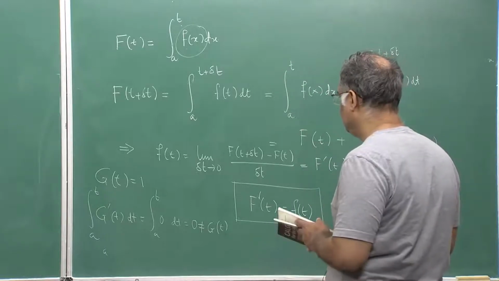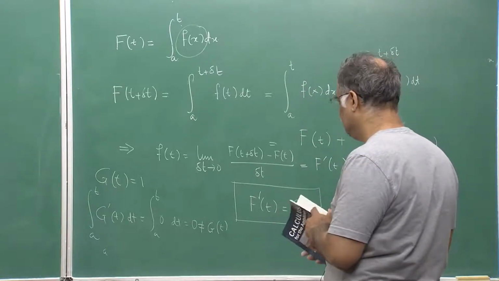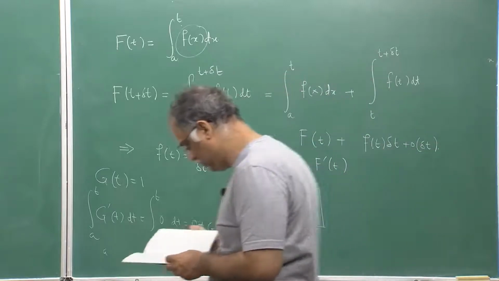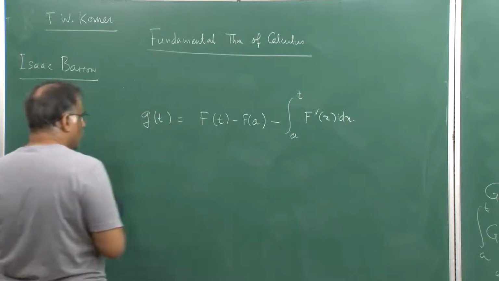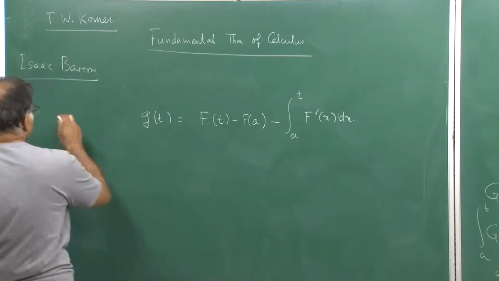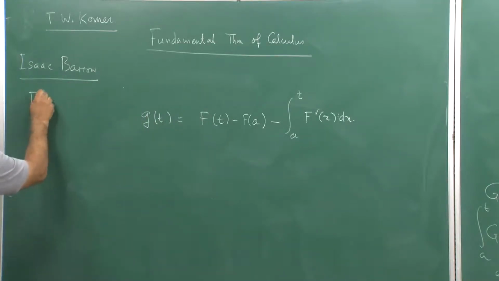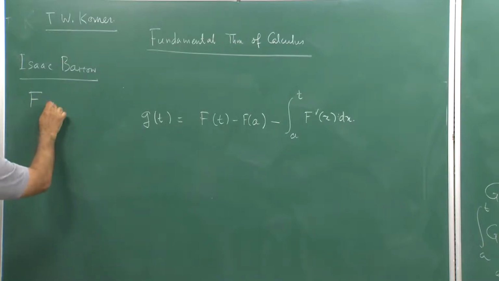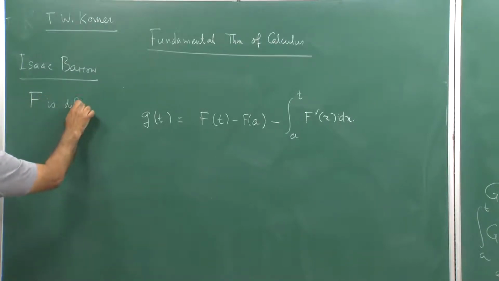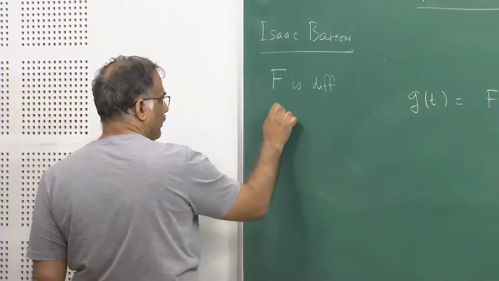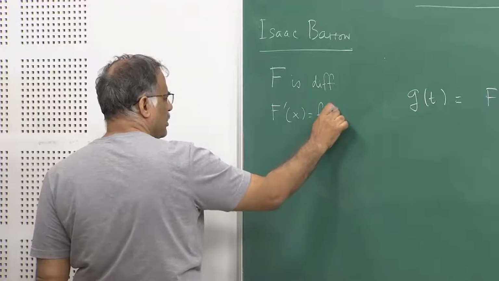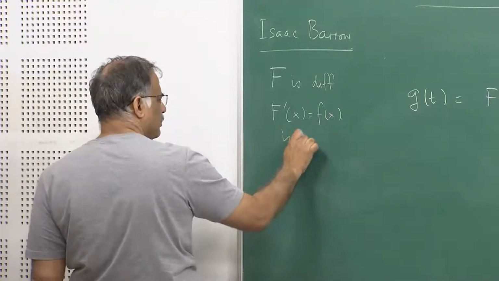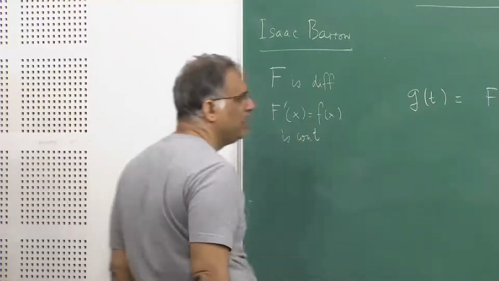So let us look at it. Suppose the derivative, so now I am assuming that capital F, so when I have written this, I am assuming that F is differentiable and the derivative F dash x equal to f of x is continuous, and then this integral becomes a meaningful thing.